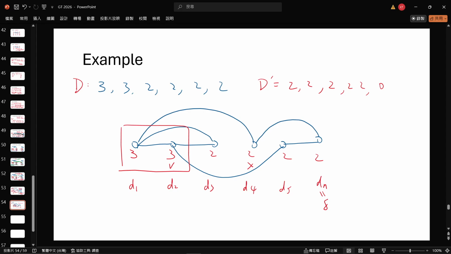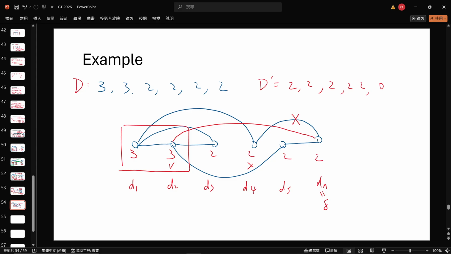So we want to make sure that we can remove this edge and create this edge. But we cannot just add this edge and remove this edge because it changes the degree sequence.